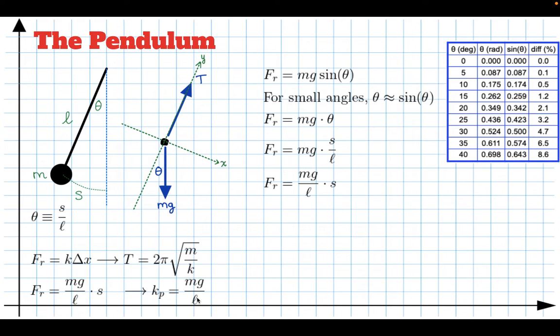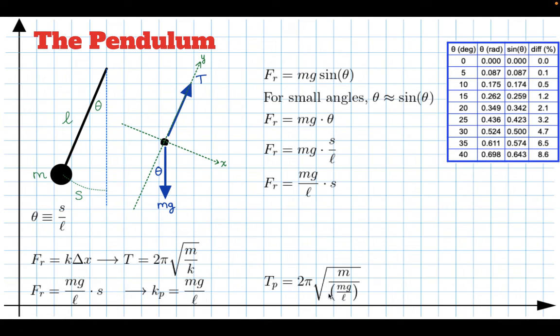So for a pendulum, when you pull it back, there's a force that tries to restore it to equilibrium, and that force is proportional to the distance it's displaced from equilibrium. The proportionality constant is mg over L. So what that means is that the period of a pendulum will be 2 pi times the square root of m over k. But for a pendulum, k is mg over L. That's what we showed right here.